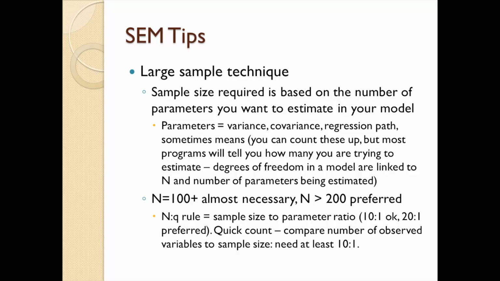When we're comparing our sample size to the number of parameters we're estimating, we would want to count up the number of variances, covariances, regressions, and sometimes means. When we subtract those from the amount of information that we're putting into the model, the variances and covariances from a covariance matrix, we get degrees of freedom.